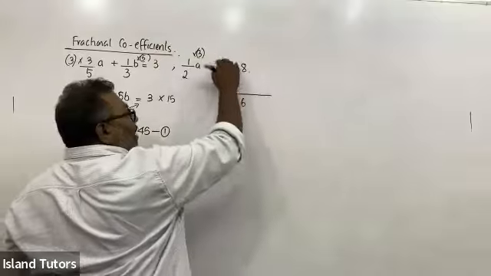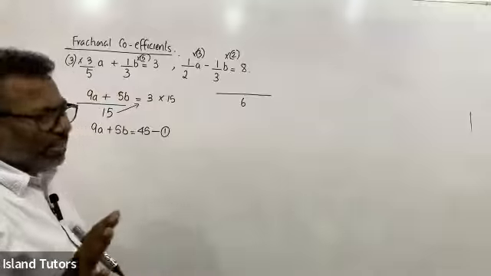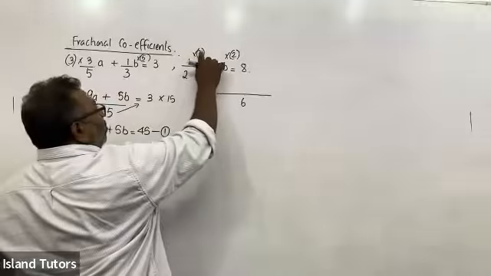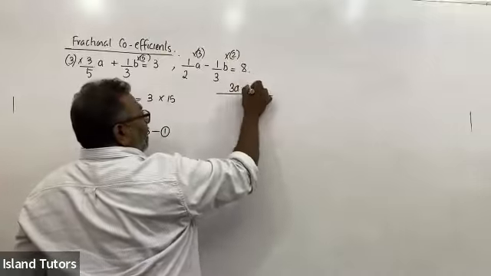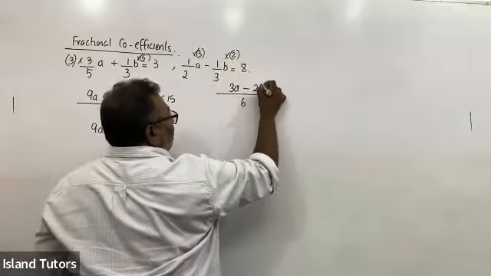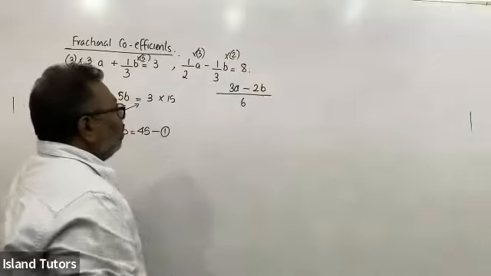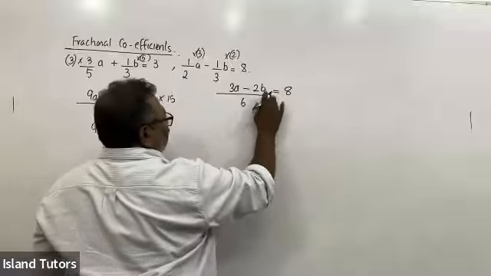And this side of your fraction you're going to multiply by 2. Very simple. 1 into 3a, you're going to get 3a, minus 1b into 2, you're going to get minus 2b, is equal to 8.